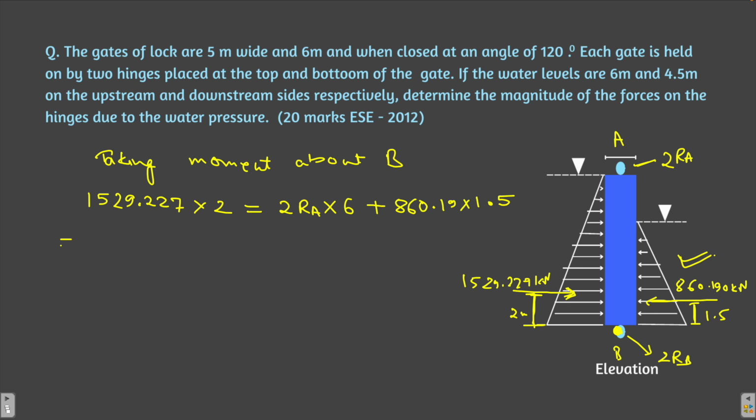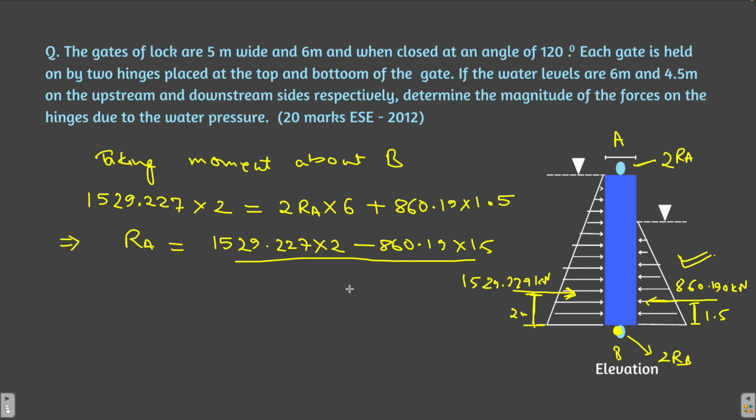So once you calculate this, you are going to get the value of RA. RA is 1529.227 into 2 minus 860.19 into 1.5, by 2 into 6.